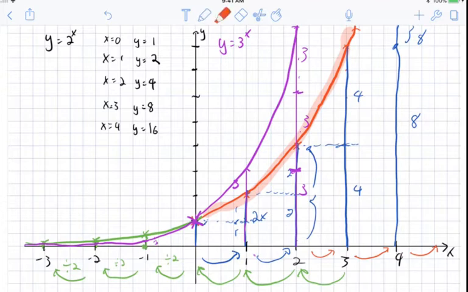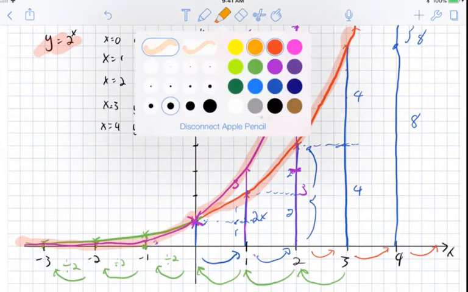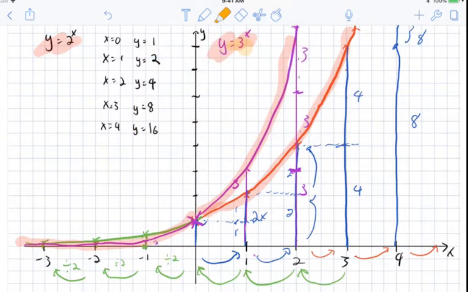The purple one and the red one have the same shape. The big difference is the curve, whether it's going to curve up strongly or less strongly. In any case, it's always going to curve up kind of strongly, and it's always going to flatten out approaching the x-axis. And so how it does so depends on what the base is specifically, but that's all it depends on. Fairly simple.